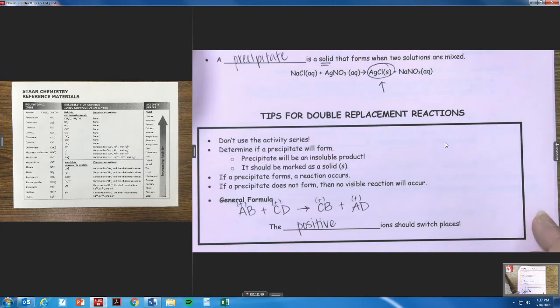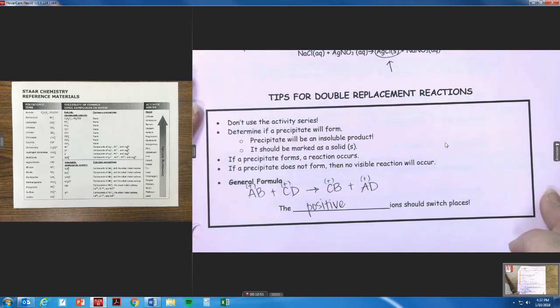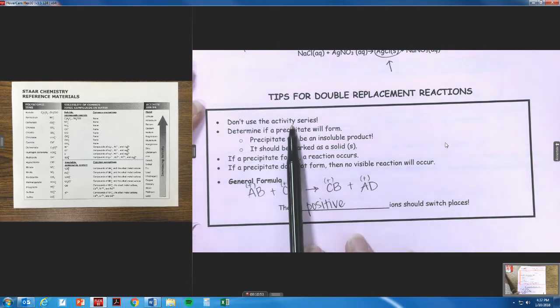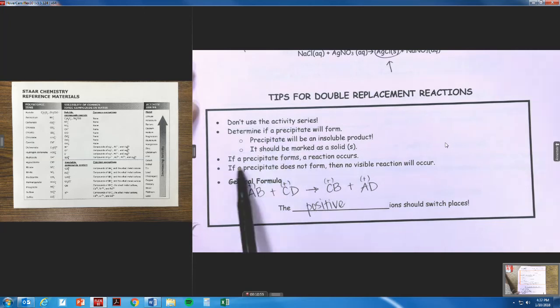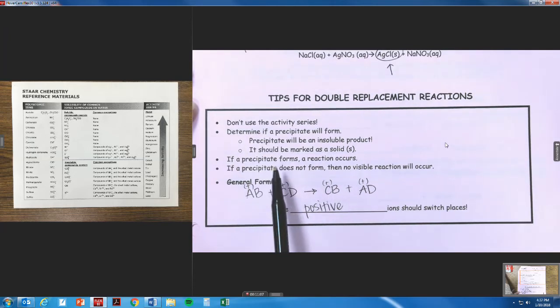Okay, so tips for double replacement reactions. Remember, do not use your activity series. Determine if a precipitate will form. A precipitate will be an insoluble product, and it should be marked as a solid. If a precipitate forms, then a reaction occurs.